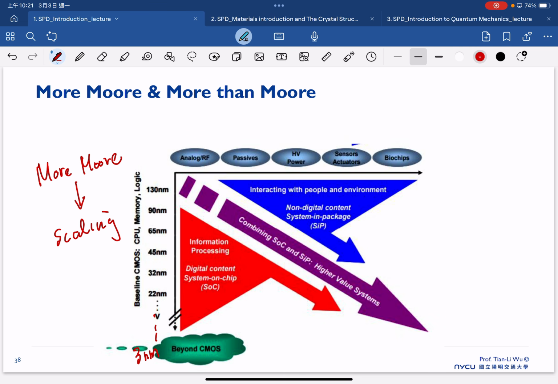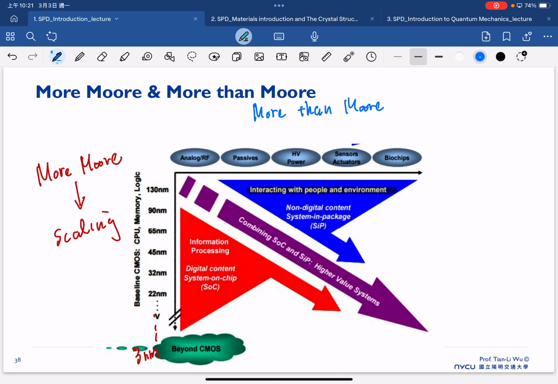These technologies mainly interact with people and the environment, and this is the technology we call More than Moore. So in the case of More than Moore, when we develop this technology for our application, for our human needs, it doesn't really have to follow the scaling, doesn't have to follow Moore's law.